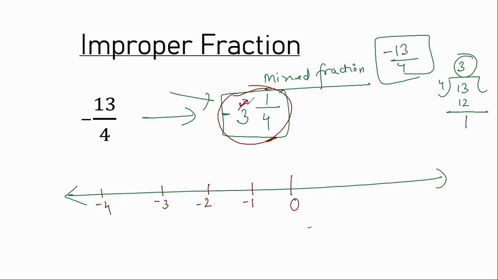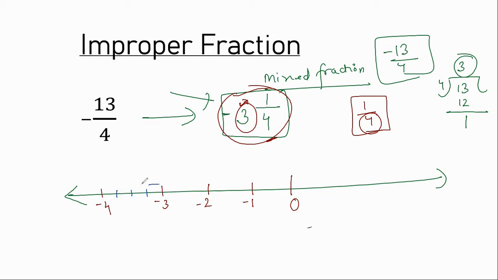Now, minus 3. Please see first the middle number. This is minus 3, so the whole fraction will lie between minus 3 and minus 4. After that, you have to see the fractional part of the fraction. What is that? It is 1 over 4. The denominator is 4, so you have to make 4 equal parts. To make 4 equal parts, you have to make 3 equal lines like this.